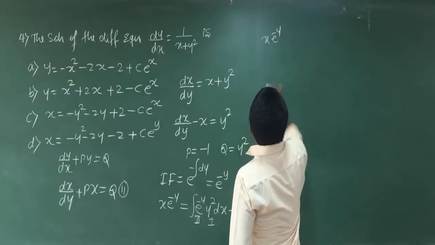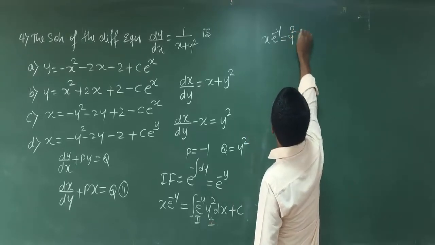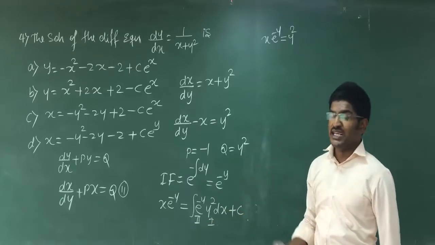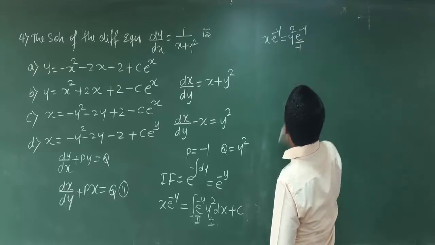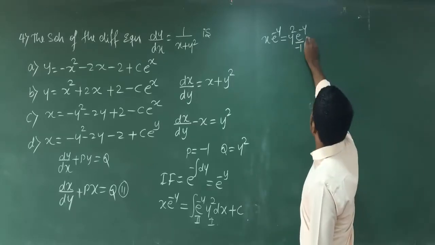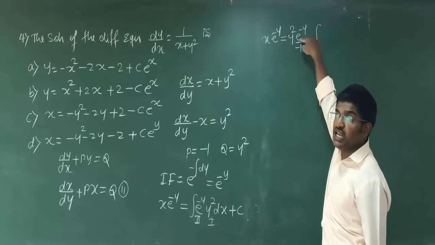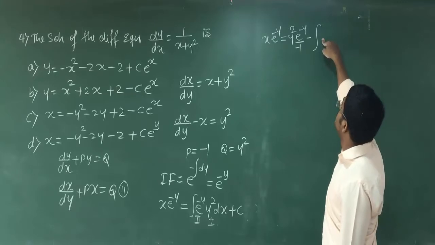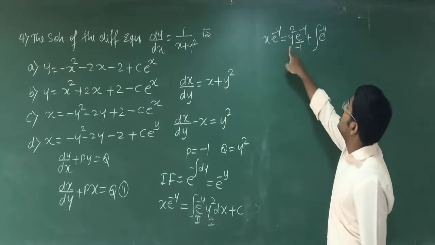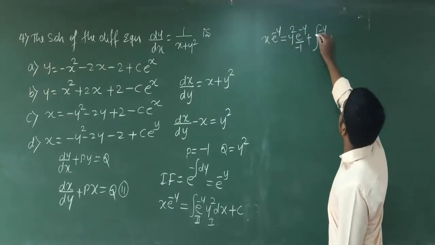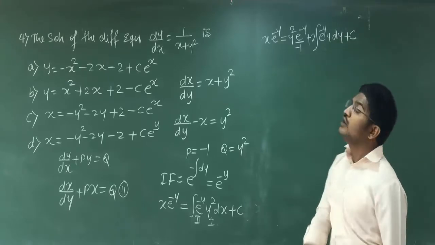x into e to the power of minus y equal to, what is your first term? y square. The second term has to be integrated, so it will be e raised to minus y divided by minus 1. Here it will be minus the integration, of the term which you have integrated, times the differentiation of your first term, which is 2y, with respect to dy, plus c.